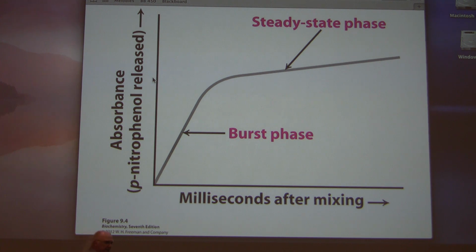The first step involves cleavage of that bond that releases the yellow color. That happens very rapidly. So we see boing, it goes up. Then the release of yellow color slows down. Why does the release of yellow color slow down?